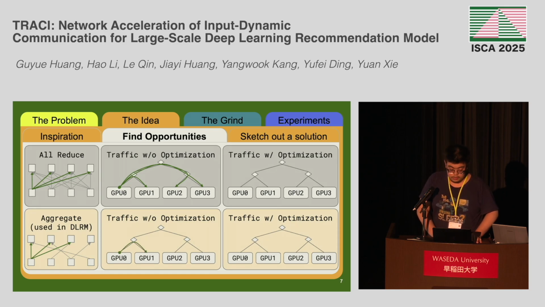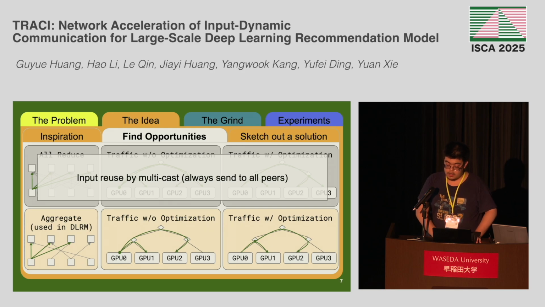Similarly, the aggregate operation also needs one-by-one communication. But with communication optimization, we may have opportunities to reduce the data transmission. GPU 0 sends data to GPU 1, and if we store the data in leaf switch 1, it could send the same data from leaf switch 1 to GPU 2 directly, and then send the data from leaf switch 2 to GPU 3. Similarly, we could do this for the aggregate operation.